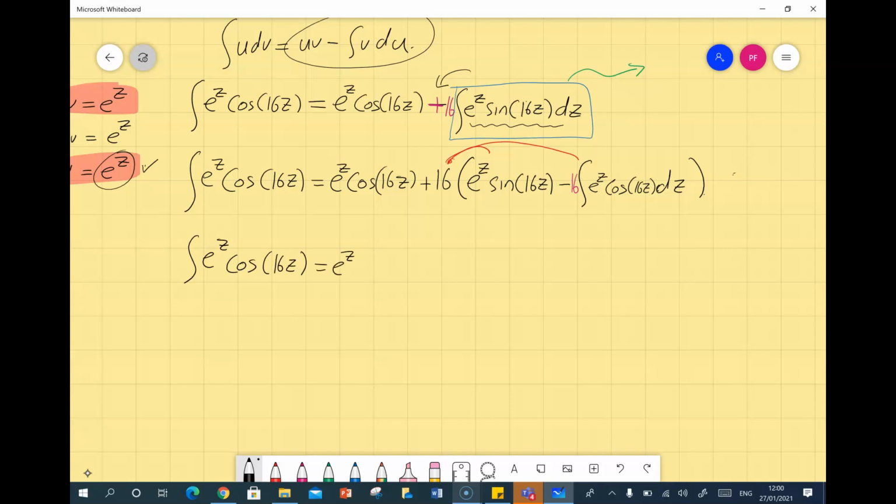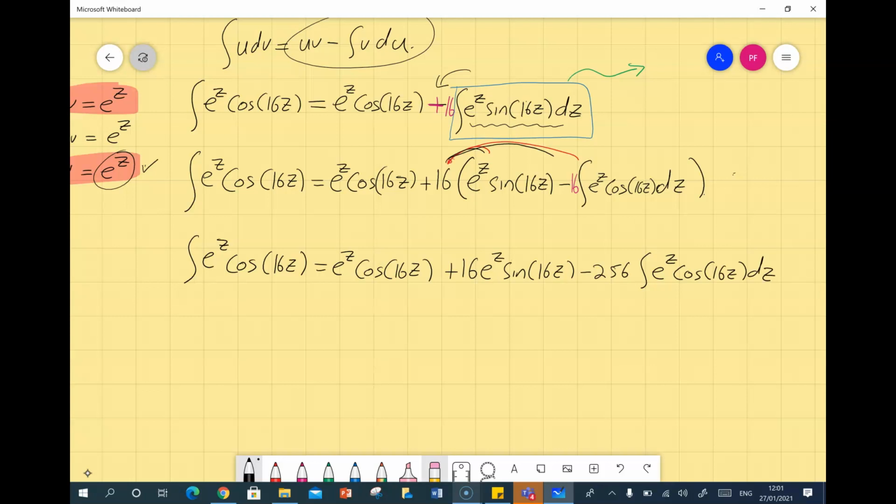equals e to the power of z cos 16z. Now 16 multiplies the first thing, so it's going to be plus 16 e to the power of z sine of 16z. And then I have 16 by minus 16. Minus 256 times the integral of e to the power of z cosine of 16z dz.